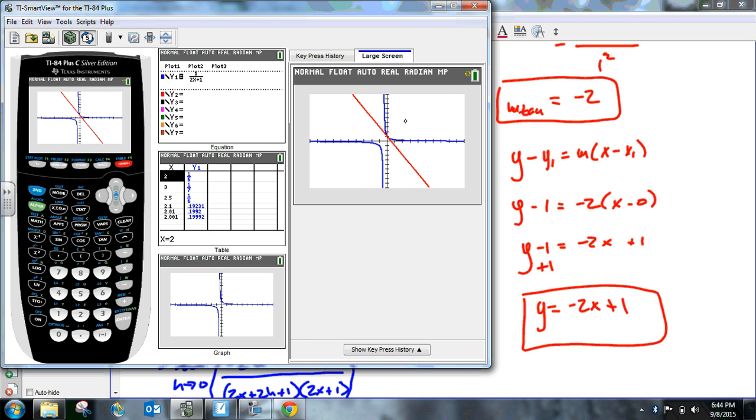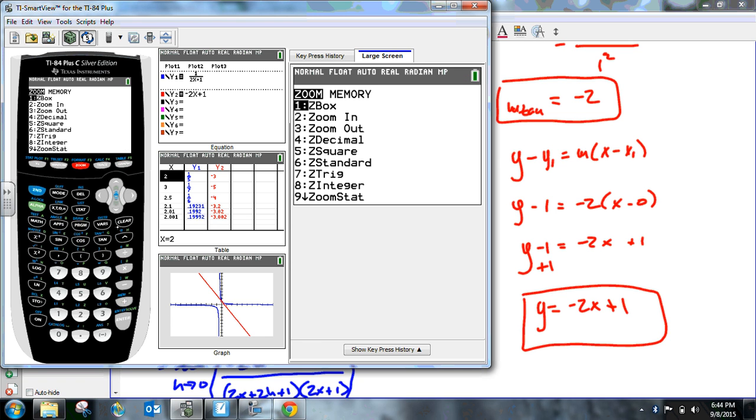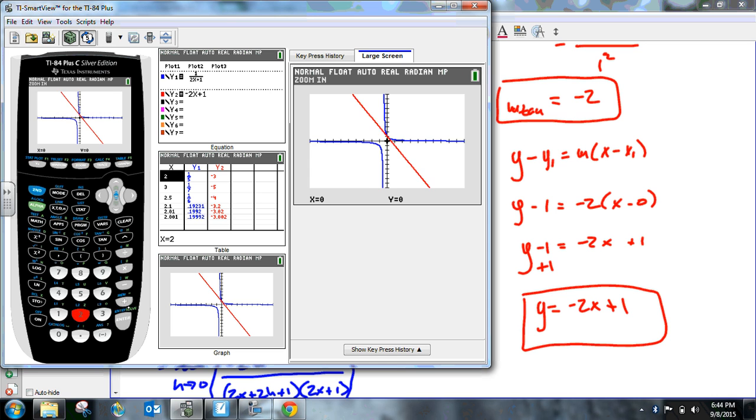Oh, boom! Look at that! That is so awesome! Look what we did! Do we get that right? I'm going to zoom in on that one. Look at this, look at that 0, 1. It intersects there.